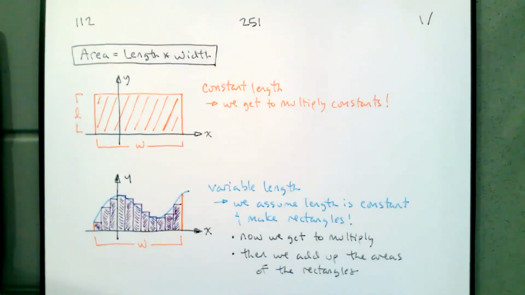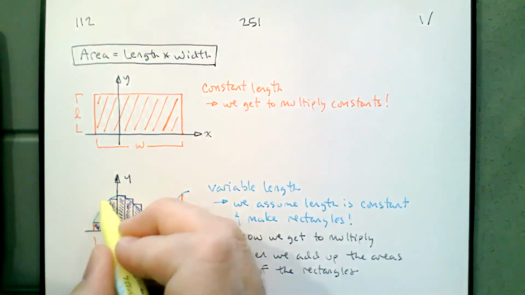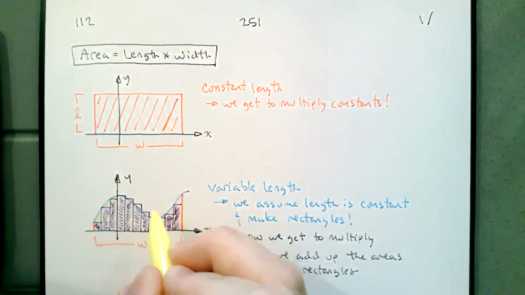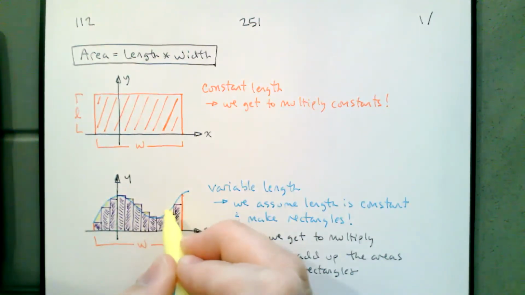We know that if we use more rectangles, the little pieces that we're including or not including, the little bits of error, will become smaller. More rectangles means less error. See, here we have some overestimate. Here we have some underestimate.